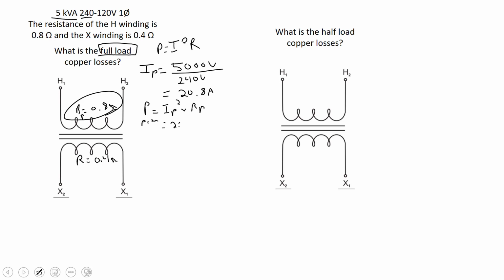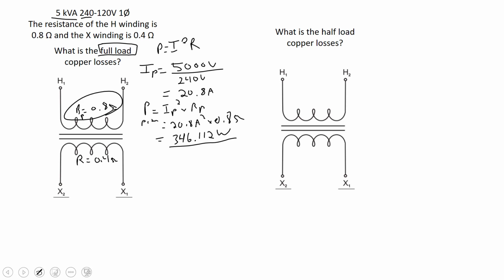So we got 20.8 amps squared times 0.8 ohms. That would come to 346.112 watts. So we know that the primary copper is going to dissipate 346.112.